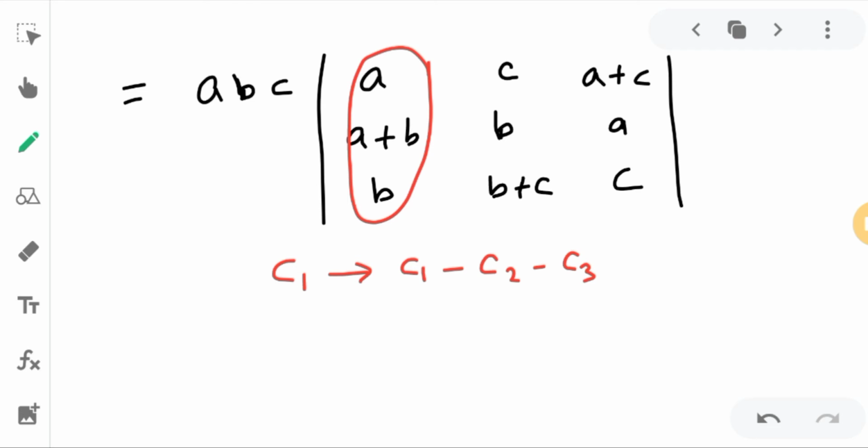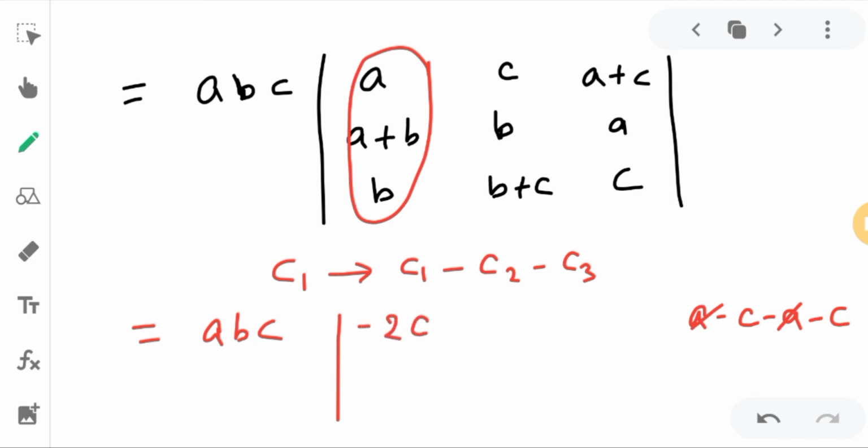If I perform this operation, then this A, B, C is outside. So the C1 element will get affected. C1 will be A minus C, minus C2's corresponding element, which is C, minus A minus C. So minus A plus A cancel, and minus 2C will remain. This is the first element.